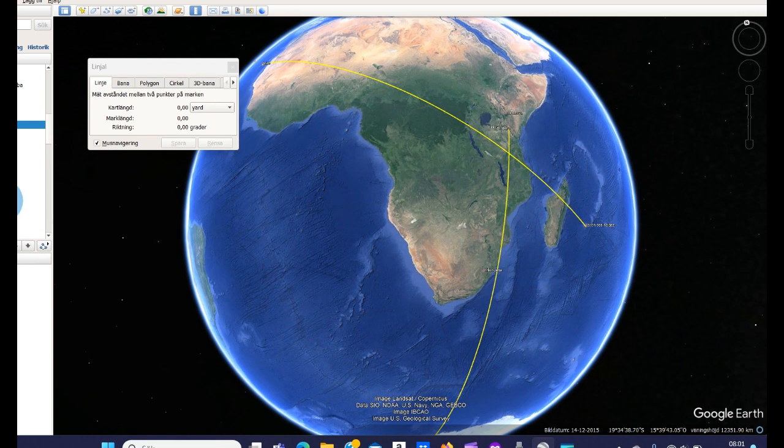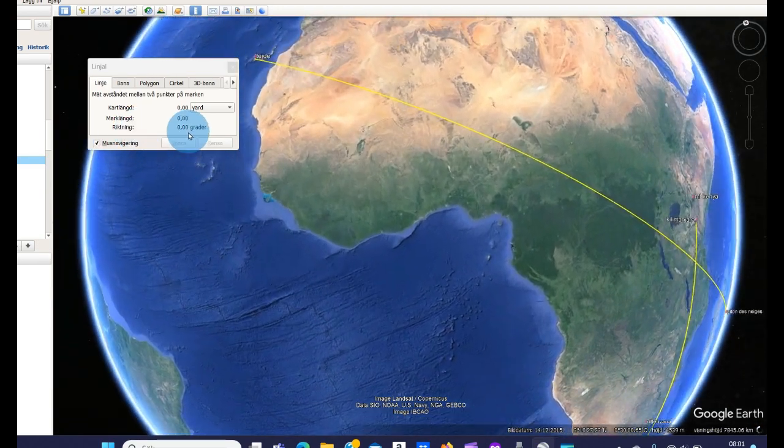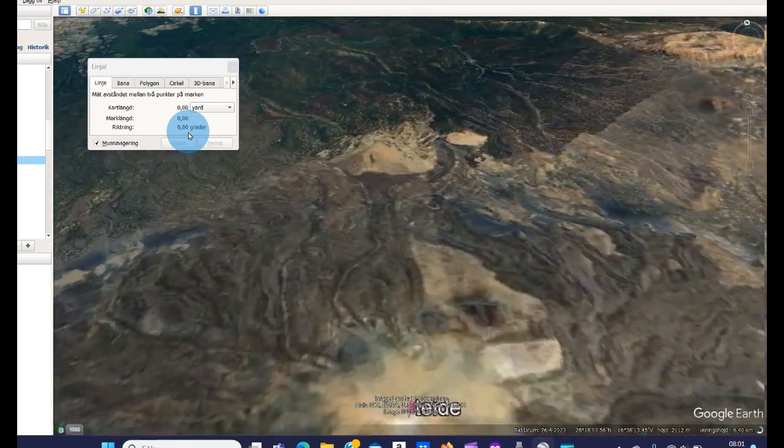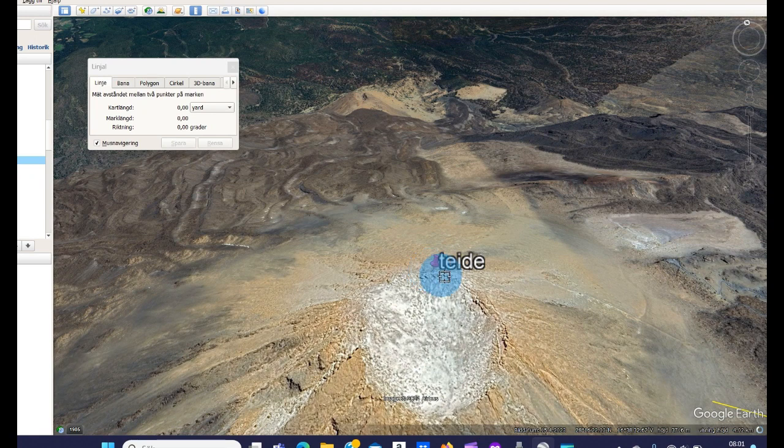So back to Mount Teide first. And in yards, we'll measure to Piton des Neiges, the Indian Ocean's highest mountain, from the Atlantic Ocean's highest.